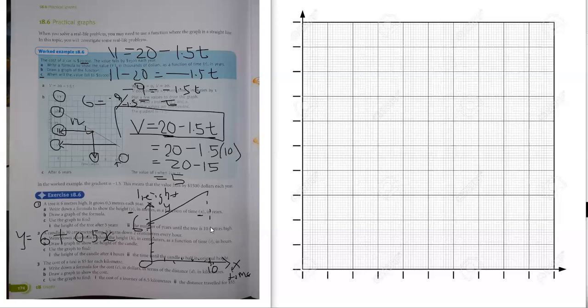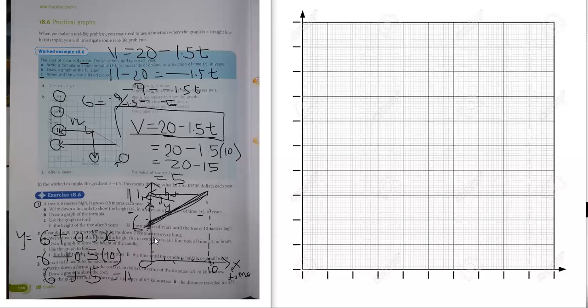When I reach 10 years, the height here is supposed to be 11, because 6 plus 0.5 times 10 equals 11. So after 10 years, your tree is going to be 11 meters high. So this is the line that we want.